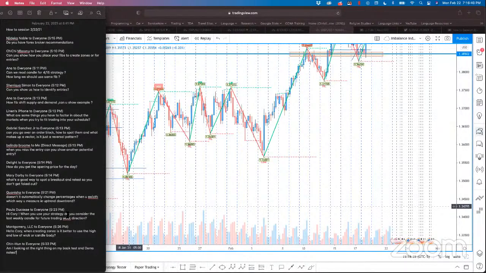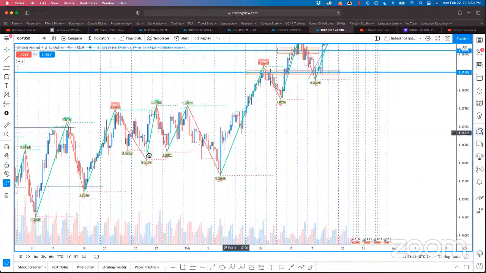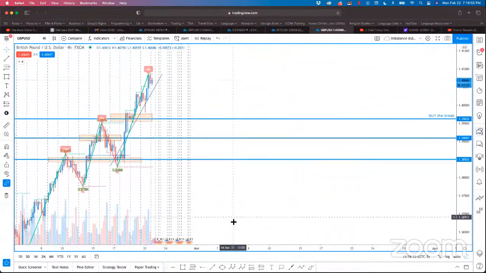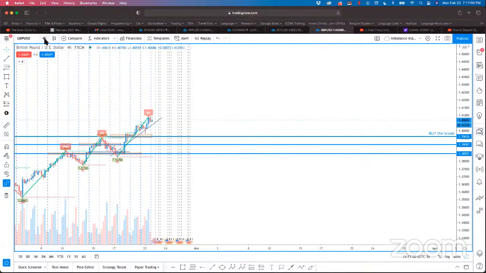Hey Corey, what is your strategy? When do you use your strategy? Do you consider the last weekly candle for future trading week direction? No. I showed you before. So let's go to the hourly.